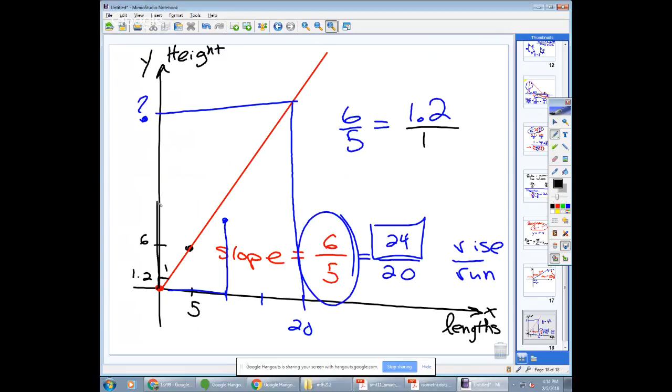What if I were to rise 24? How far would I have to run? I would have to go 20 in order to stay on the line.